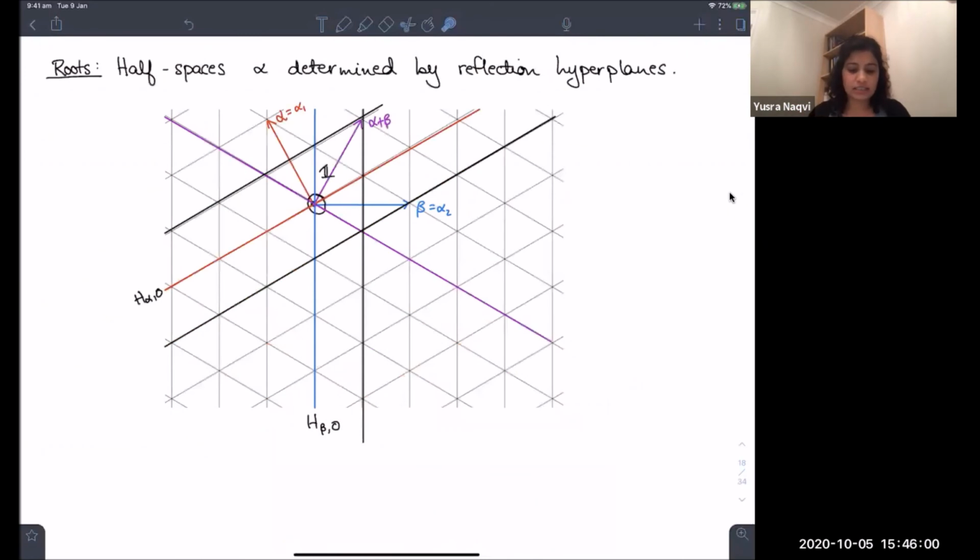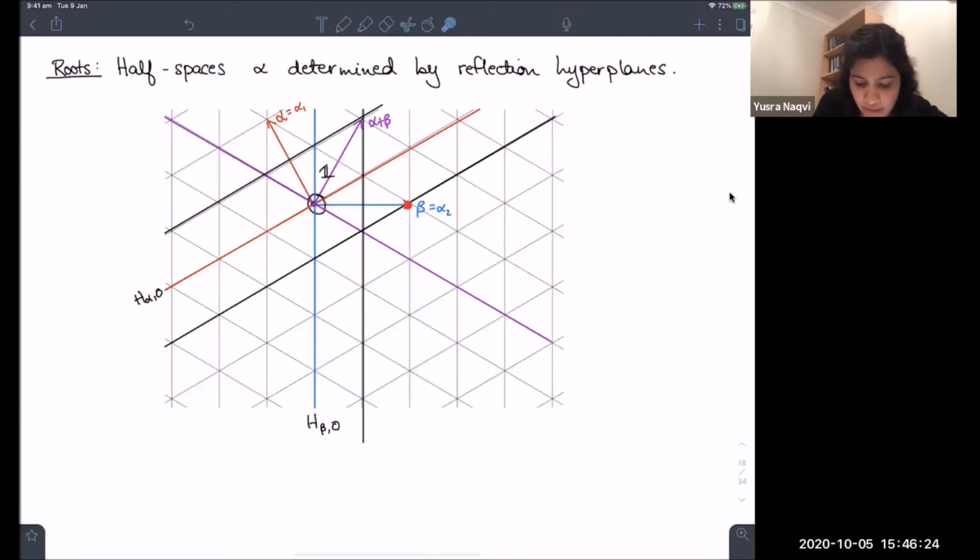In order to describe those, I want to think about my spherical roots. If you're good with root systems, this is the ordinary set of roots that go with my Coxeter system. If you're not, these are really just half spaces determined by the reflection hyperplanes, and this point of view would work equivalently well.